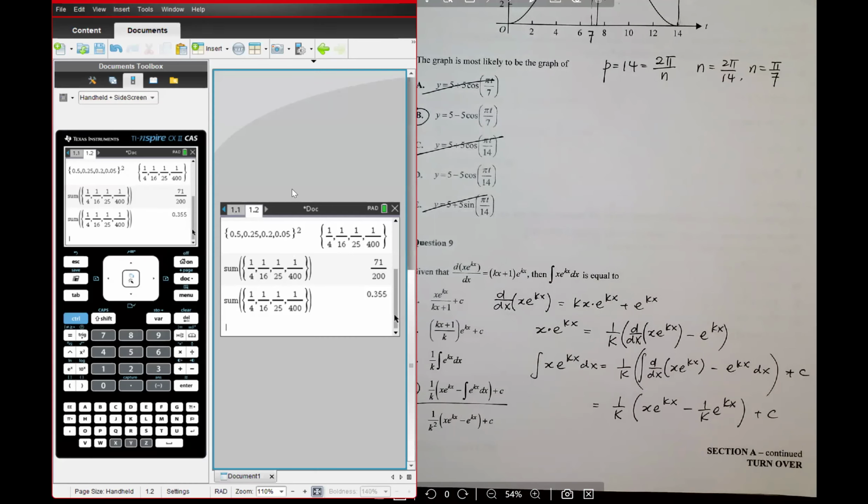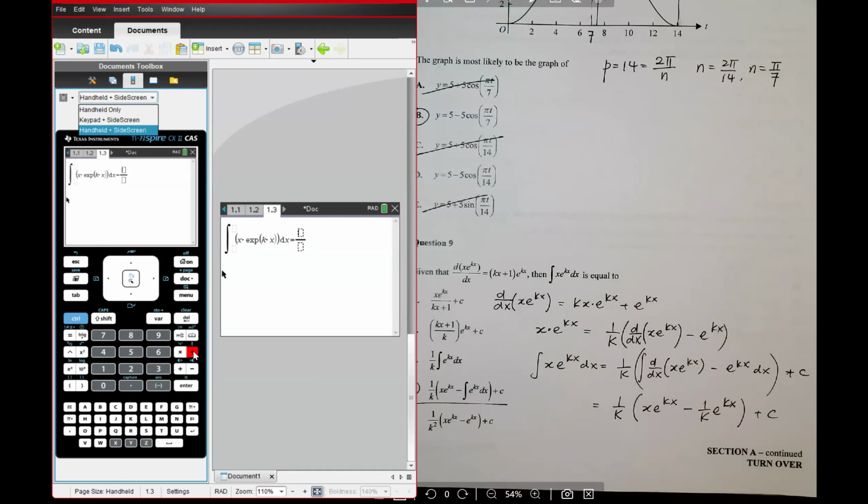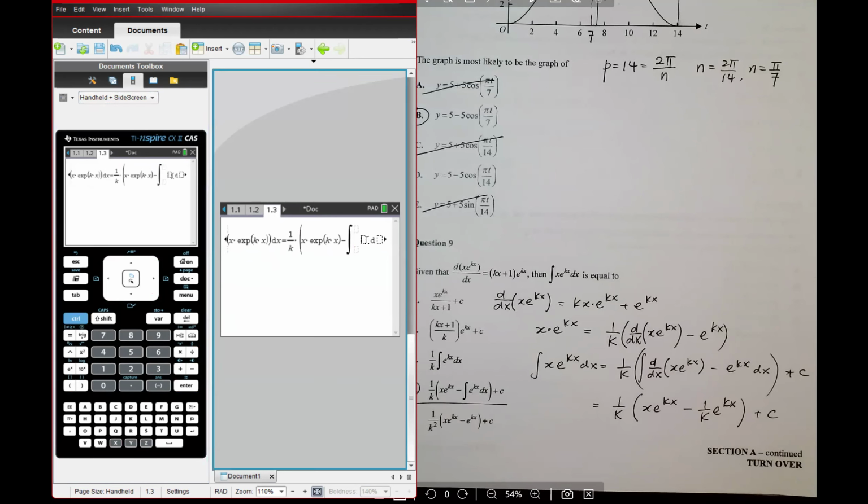Alternatively, if you use your CAS calculator, you might say, okay, just integrate this bit: x times exponential k times x dx equals, let's try 1 over k times bracket x times exponential k times x minus the integration of exponential k times x dx.